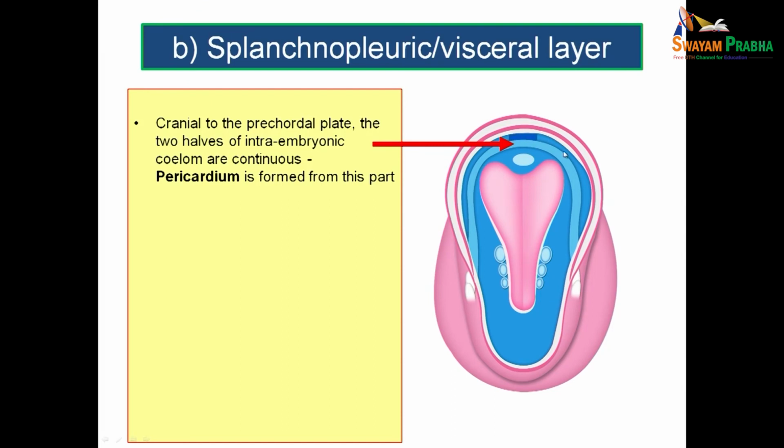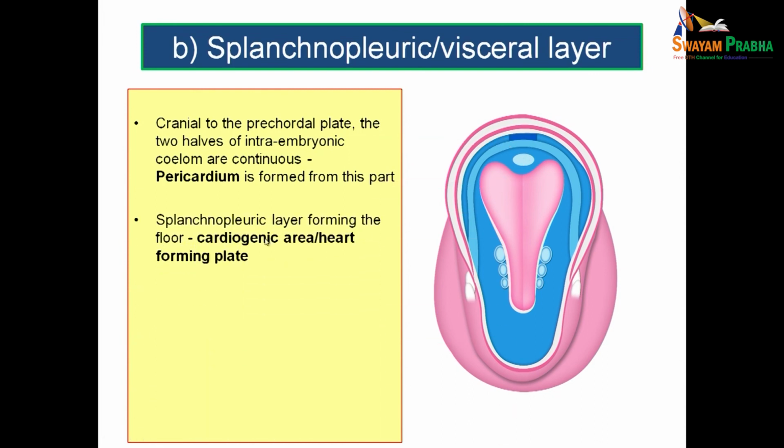You can see the intraembryonic coelom formed within the intraembryonic mesoderm, and as you move cranial to the precaudal plate, you can see that the two halves of the intraembryonic coelom are continuous to form the pericardial cavity. Pericardium is formed in this part.